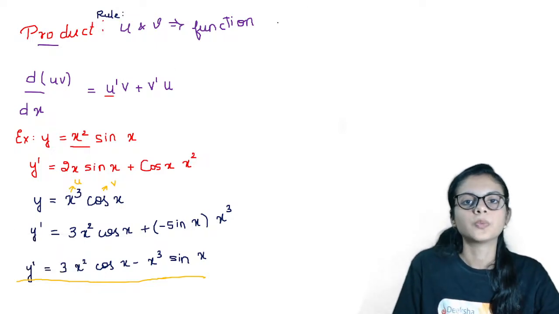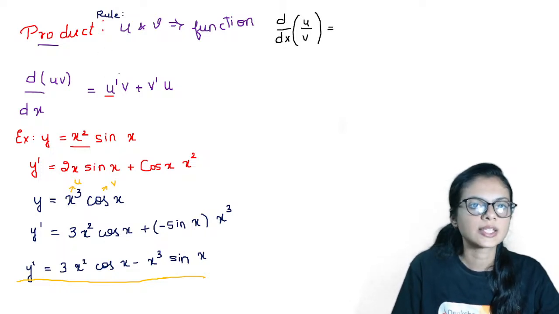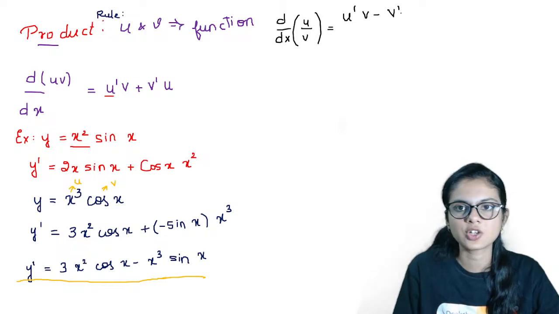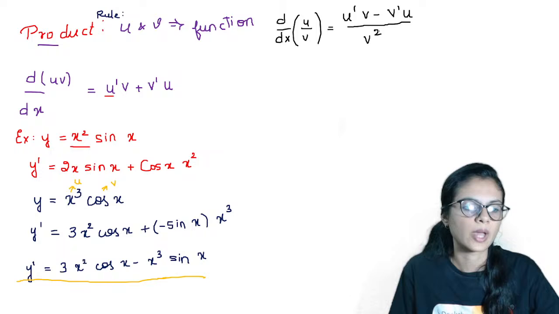Okay, now d by dx of u by v, right? How to calculate it? Just the same thing in the numerator, but with the minus sign. Just see here, u dash v minus v dash u divided by denominator square.